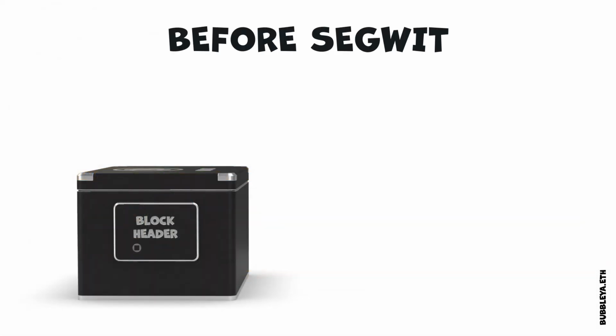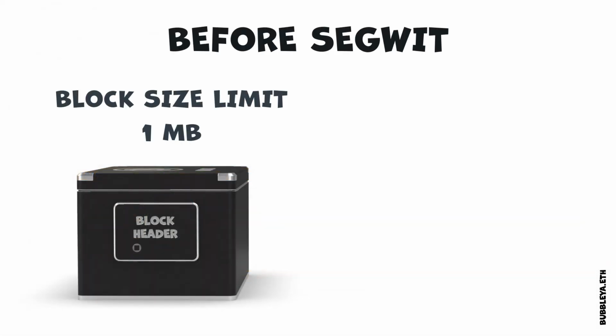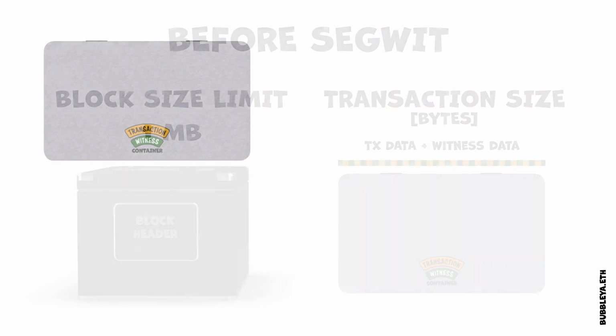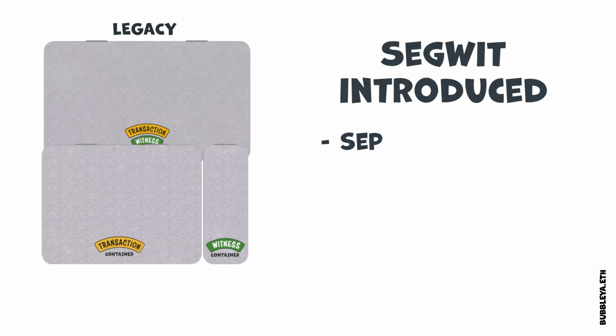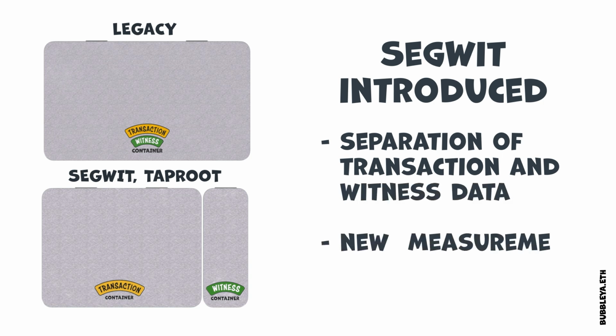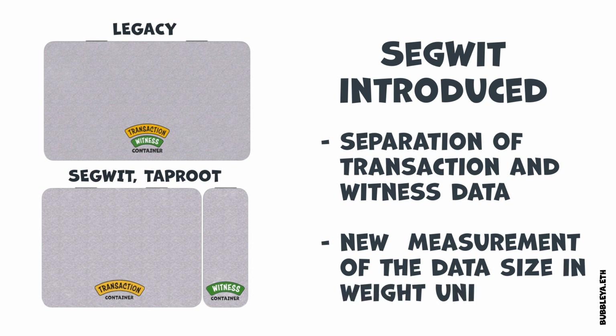Before SegWit, the block size limit was 1 megabyte, and the transaction size depended on the total data size of the transaction and witness data. With the launch of SegWit, the Bitcoin protocol separated transaction and witness data. Alongside this separation, a new method for measuring data size was implemented using weight units.